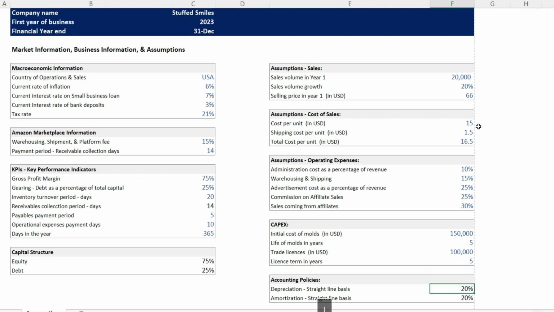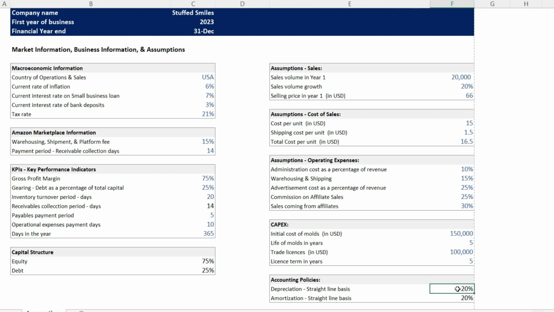Then finally we have the depreciation accounting policy, that is straight line basis. Straight line basis means that you simply have to divide the cost of the asset by its life, which means that 150 should be divided by 5 years and split equally over the 5 years.